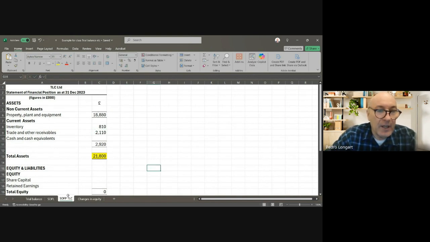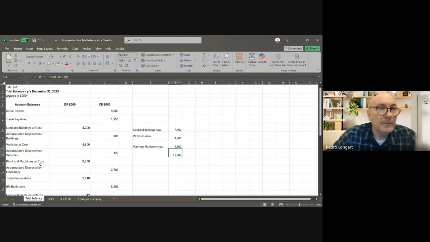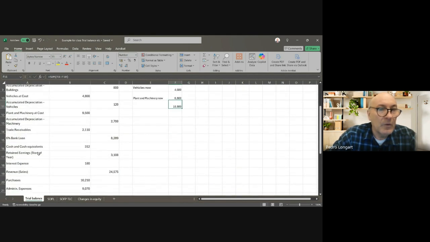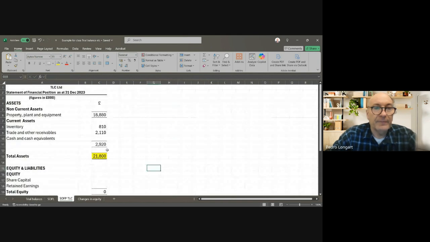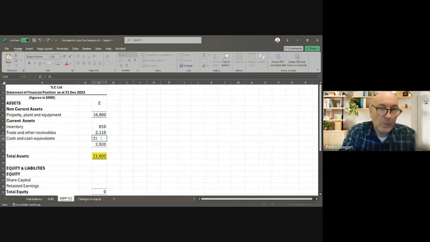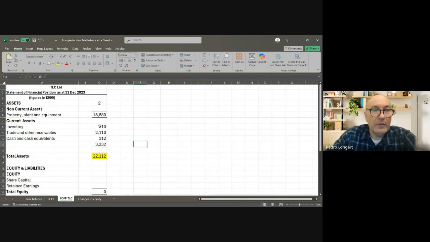And the cash and cash equivalents, which we have 312. That gives me a total of current assets of 3232 and gives me the total assets of 22112. Okay, I can continue.